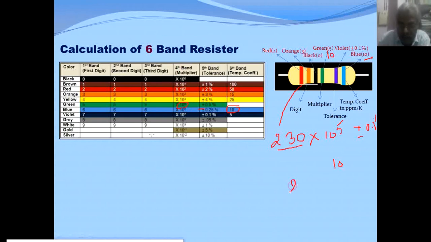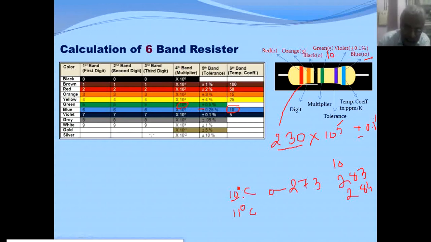The Kelvin value is 273, and if the temperature of any resistor or any item is 10 degrees Celsius, then this will be equal to 283 Kelvin. If the temperature is 0 degrees, then its Kelvin value will be 273. If we write 10 degrees Celsius, this 10 will be added to this 273.